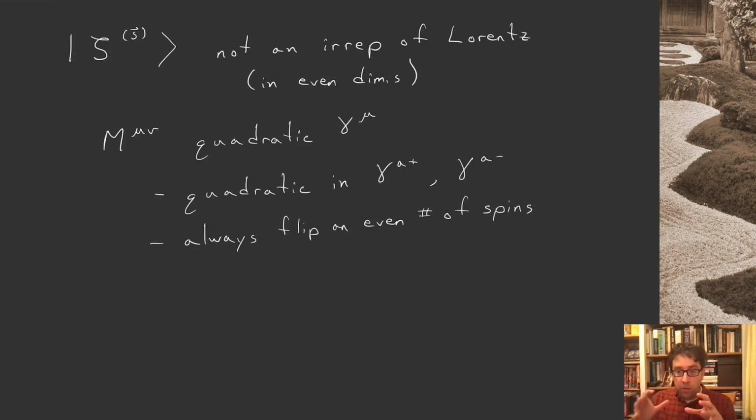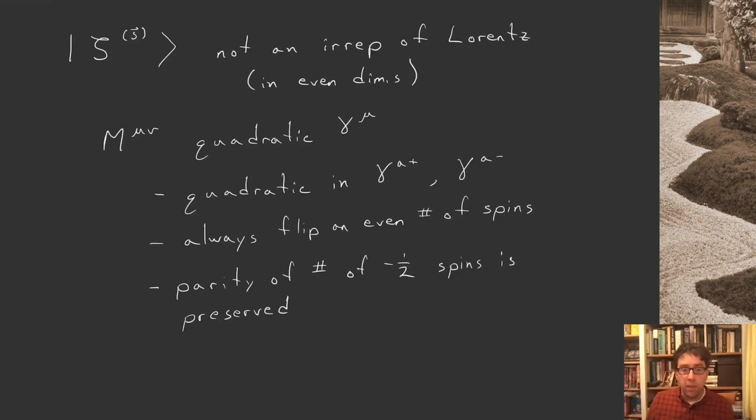I mean, it may be that one of these states goes to several after acting with M^{μν}, but if you look at how the spins change, everything in the resulting action of the generator on the original state will have an even number of spins flipped. And because of that, you can never change the parity of the number of downspins. The parity of the number of downspins is preserved.